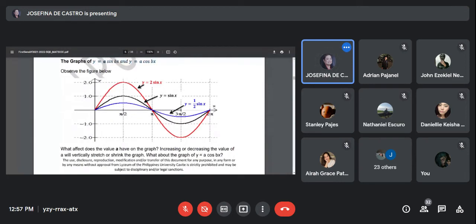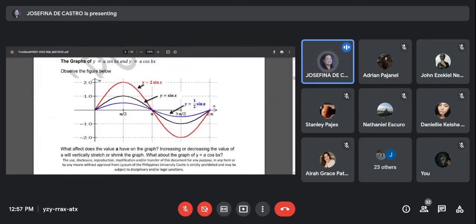Okay. So, makikita mo sa unahan ng equation mo, y is equal to 2 sine x. So, meron ka ng A. So, yung basic natin, y is equal to sine x, it is understood na may 1 ka dito sa unahan. Y is equal to 1 sine x. Okay?